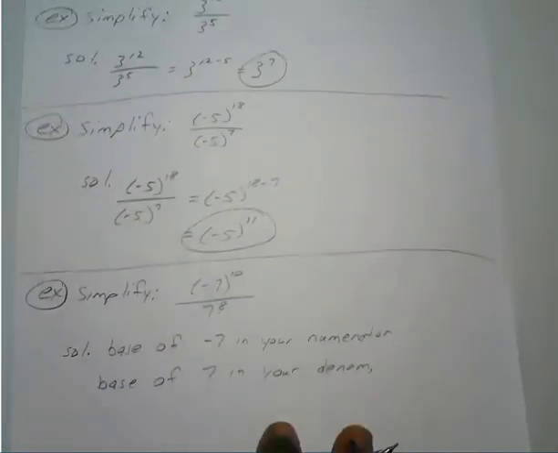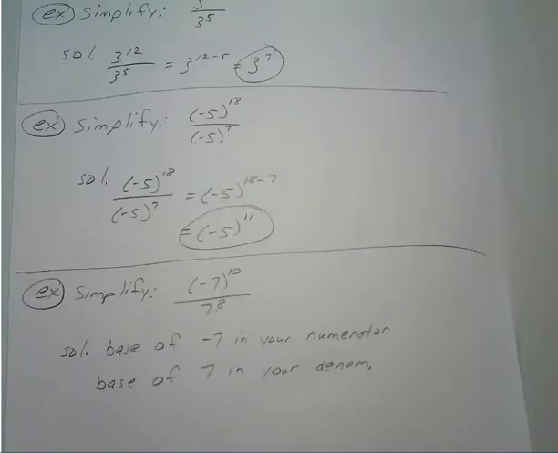So move that up a little. Okay, now when you learn the power of a product rule, you'll be able to simplify this. But just based on what we know now, you can't simplify because the bases are not the same. One's a positive, one's a negative, but these you can't simplify right now.